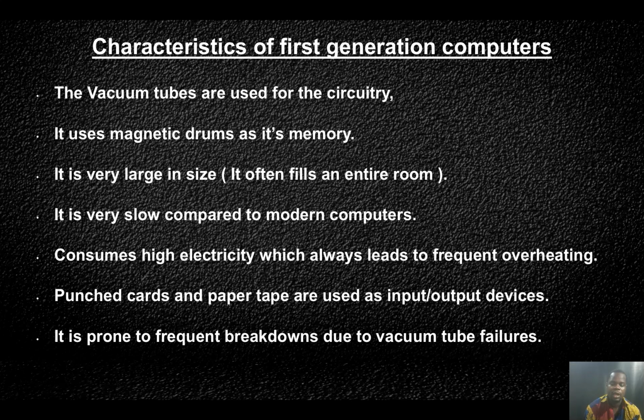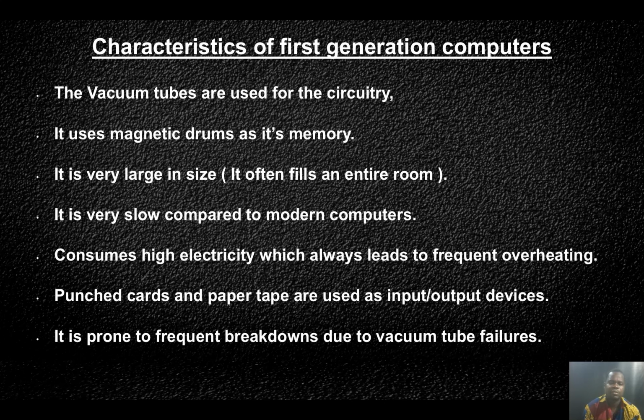And then we have our monitor, which is our output device, and we have projectors, printers, a whole lot which are input and output devices. But at those times they used punch cards and paper tape as their input and output devices. As the class moves on, I'll teach you what a punch card is and what a paper tape is. We will see the difference between them and what they are really used for.